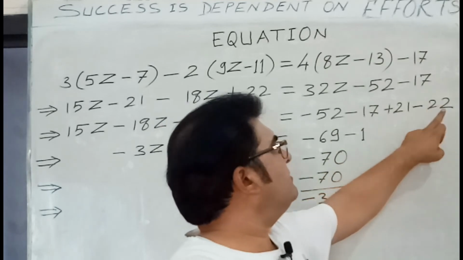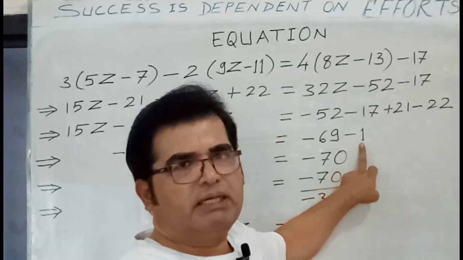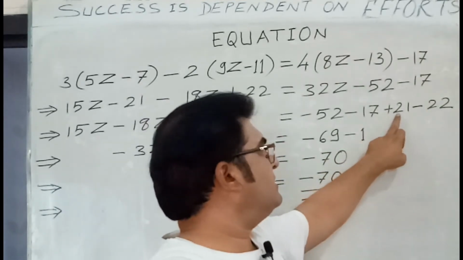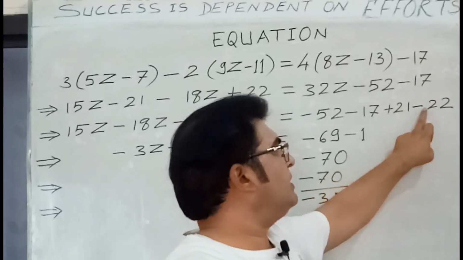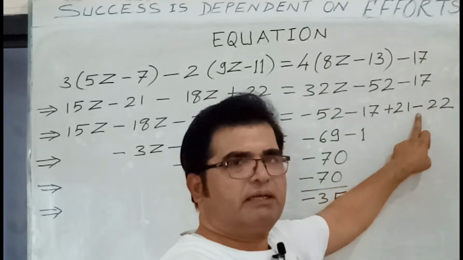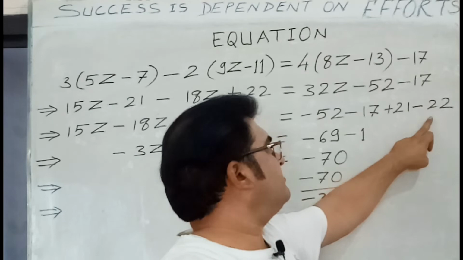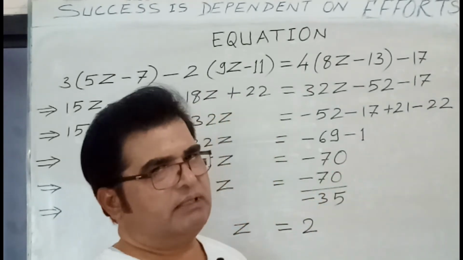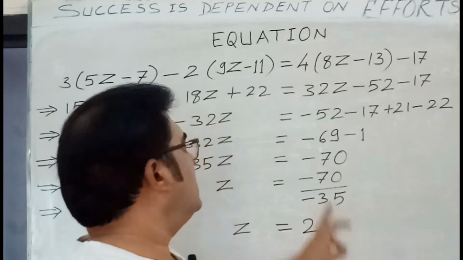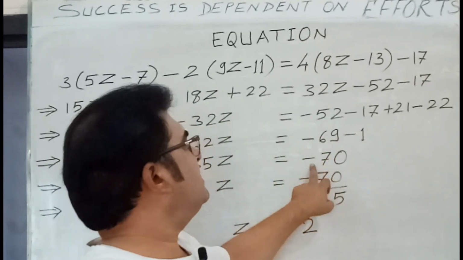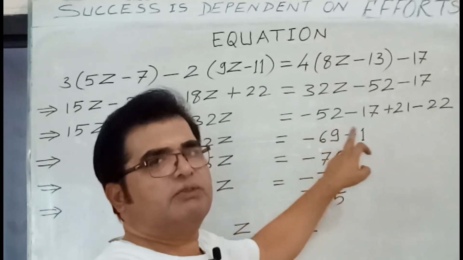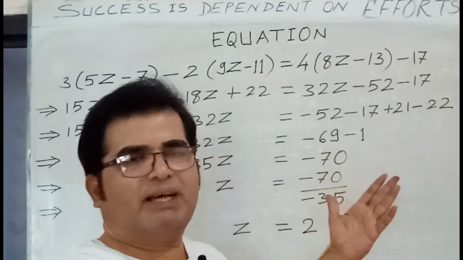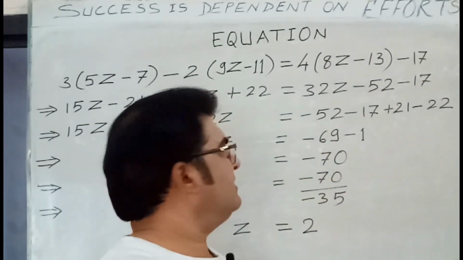And here 21 minus 22 will be minus 1. Same thing is there. 21 and 22, 22 has a negative sign, so by subtraction the sign will be of the greater number, so minus 1. Then minus 69 minus 1 becomes minus 70 because two negative integers, so we have to add and the sign will be negative.